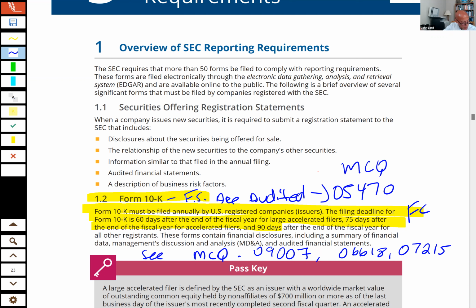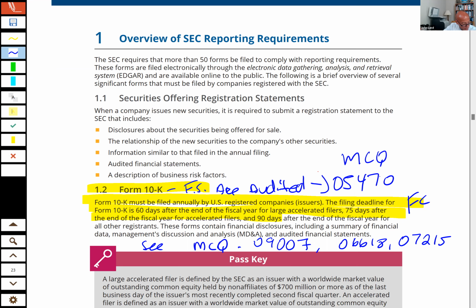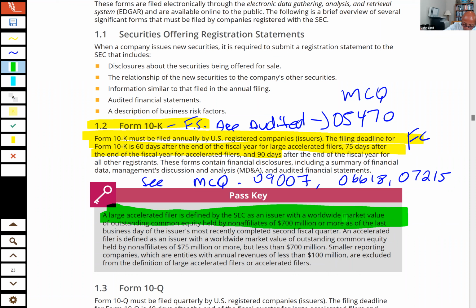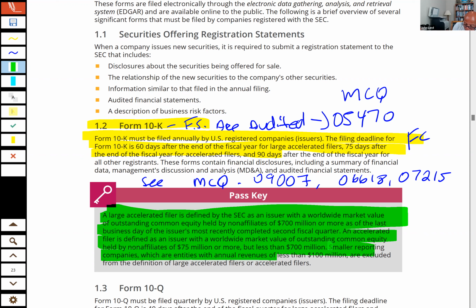Okay, good. Now, you can also see they start getting into what is a large accelerated filer, which is also very annoying that they ask that. So they start to give you some of that information as to what constitutes a large accelerated filer, et cetera, and the amount of time that they have to file these things.